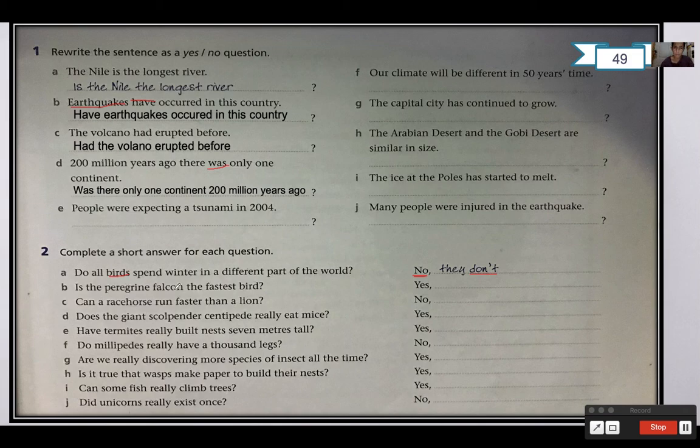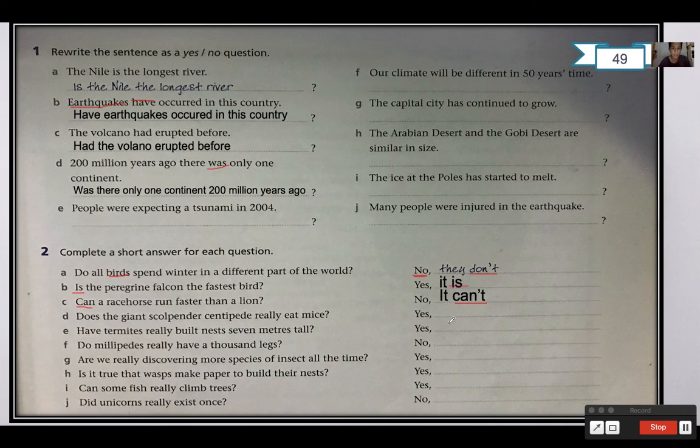Is the peregrine falcon the fastest bird? Yes, it is. It, because we are talking about an animal, falcon, el águila. Can a racehorse run faster than a lion? No, it can't. Can you see, can't is okay.